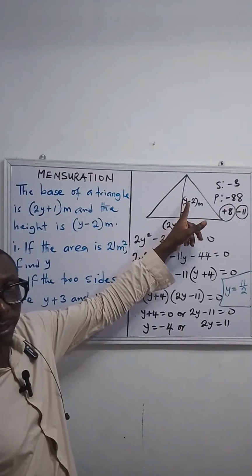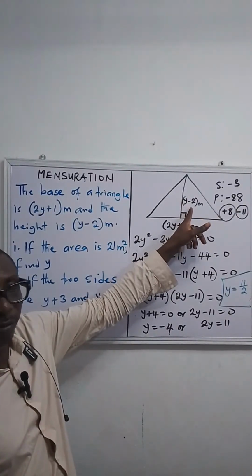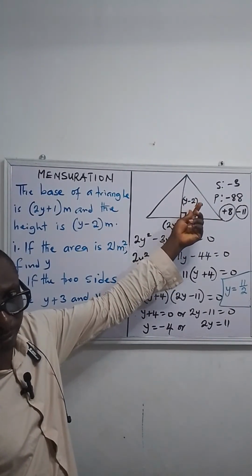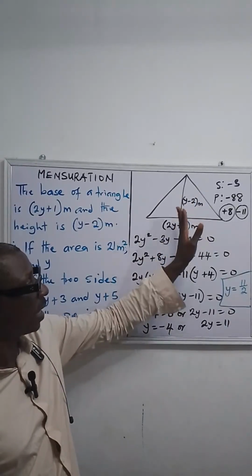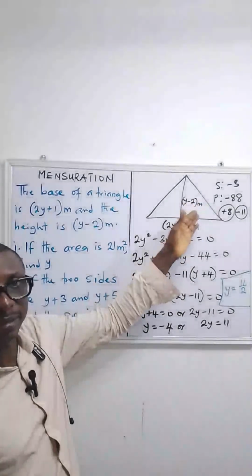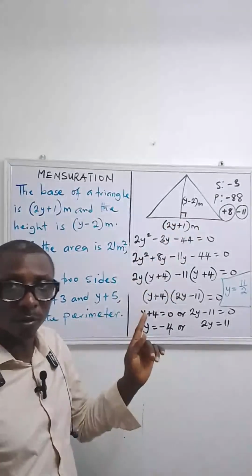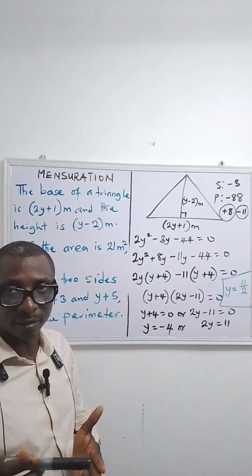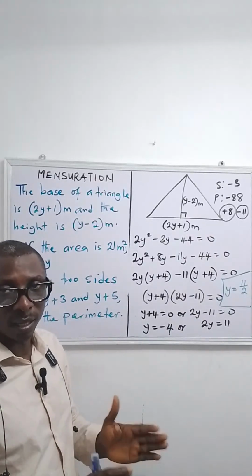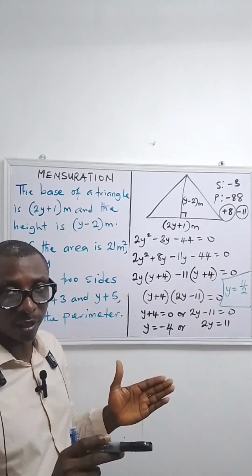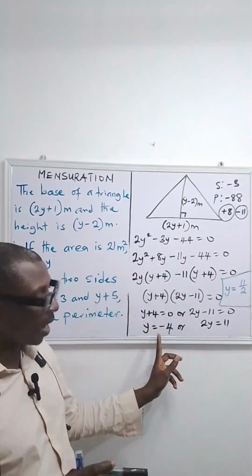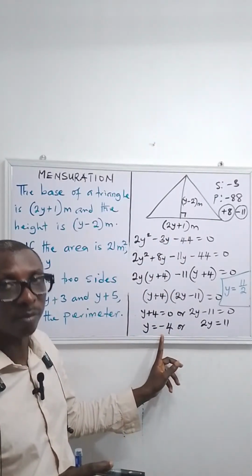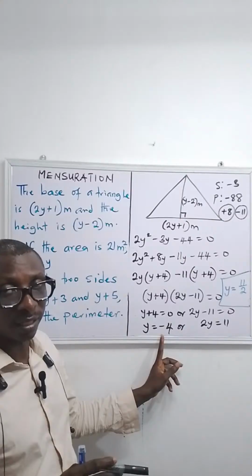It's going to give us negative 4 minus 2, that gives us negative 6. That means we are saying that the height is negative 6. That would be wrong, because distance cannot be measured in negative form. It is always an absolute positive value. So y cannot be negative 4 in the real sense.